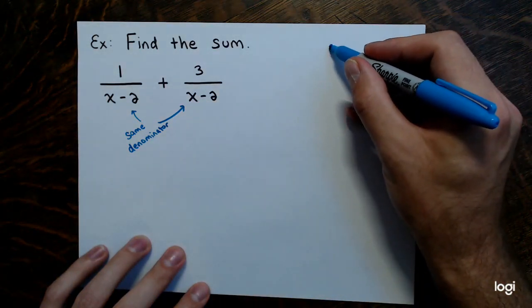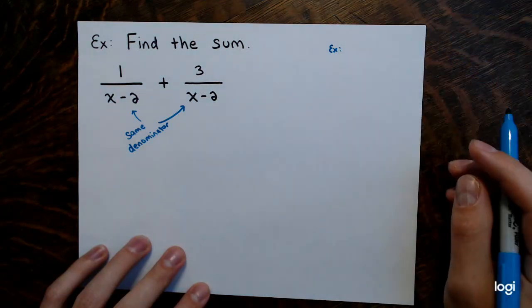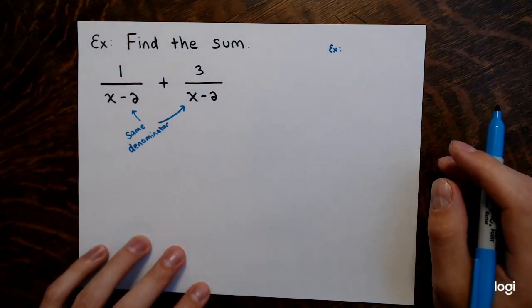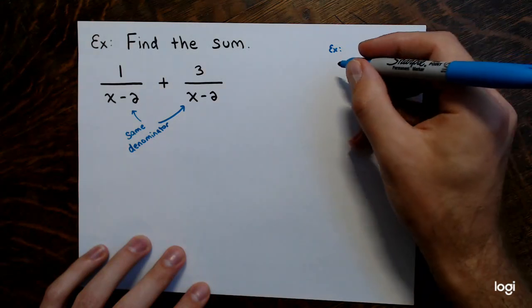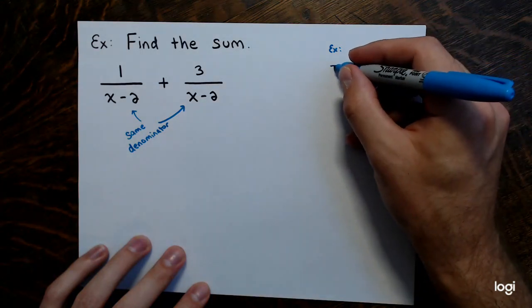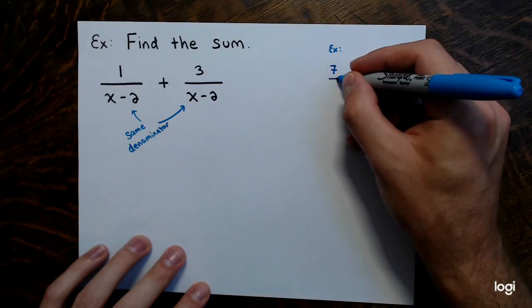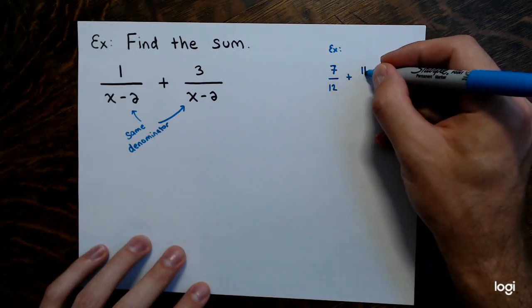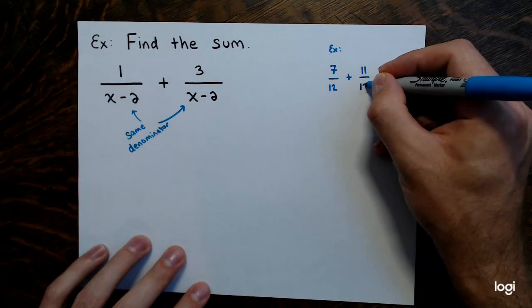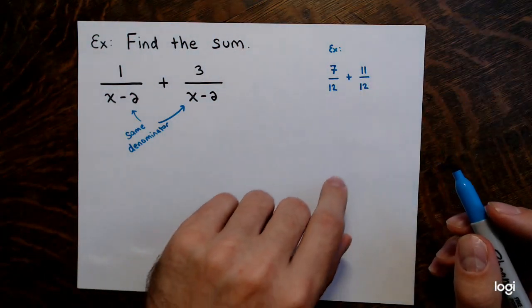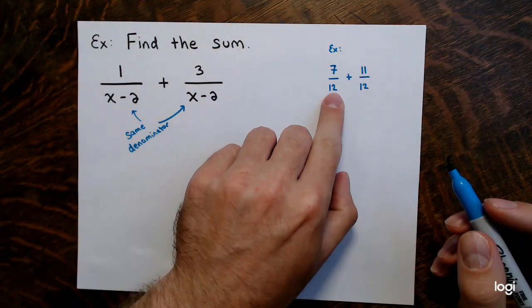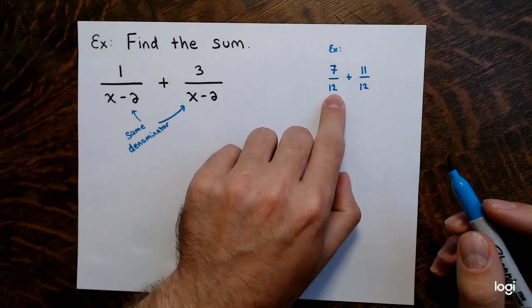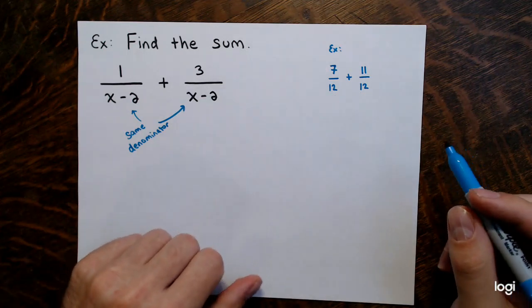So just a little recap over here of an example of adding some simple fractions with numbers. If I wanted to find the sum, if I wanted to add, say 7/12 plus 11/12, these two fractions have the same denominator of 12, so these can be added.